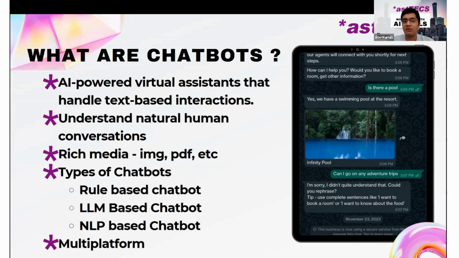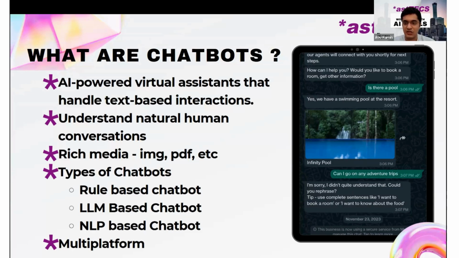But now, because our bots are trained to understand natural language, you don't have to use the keyword "pool". You can just go and ask the bot, "Can I go for a swim here?" or "Is there a pool?" So it understands natural language and can make sense of it. It does this by an ML process where natural language is converted to entities and intents.